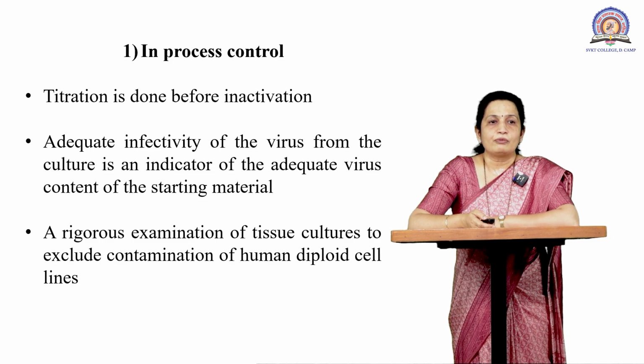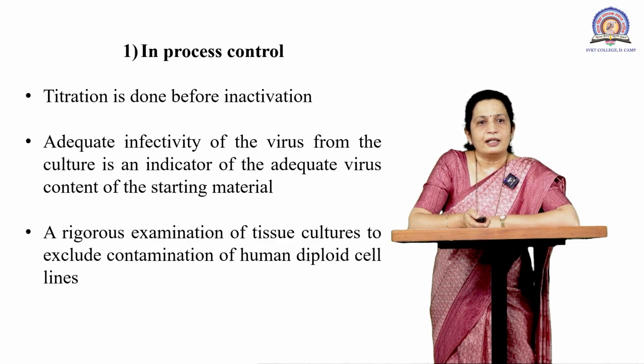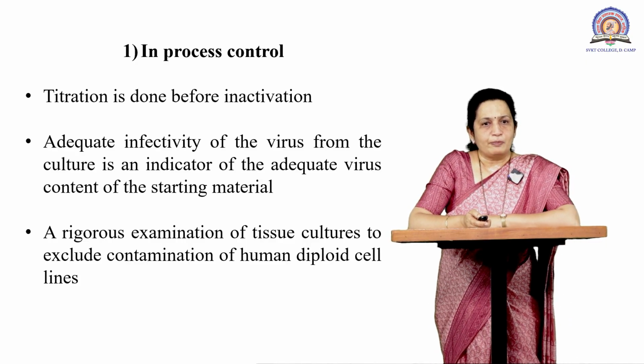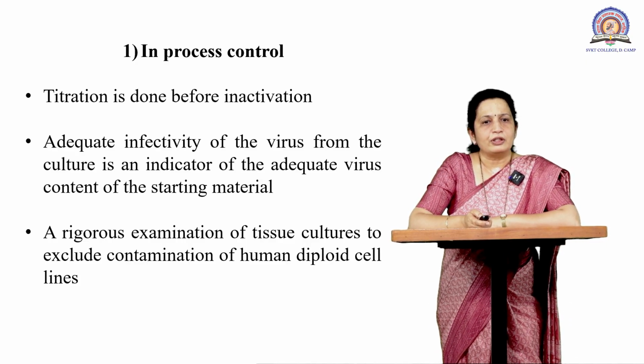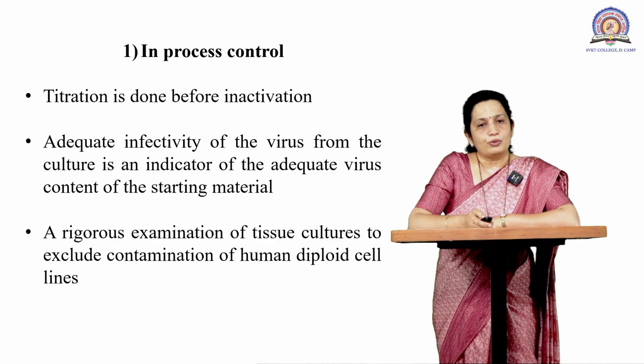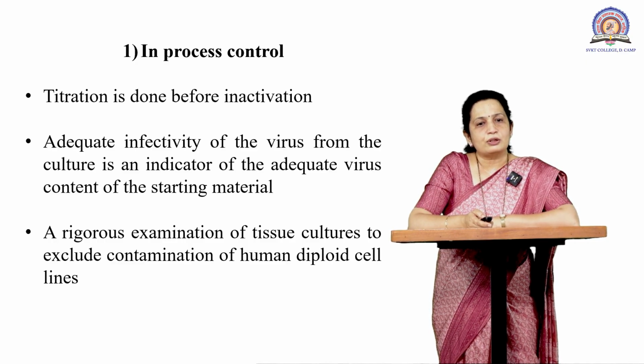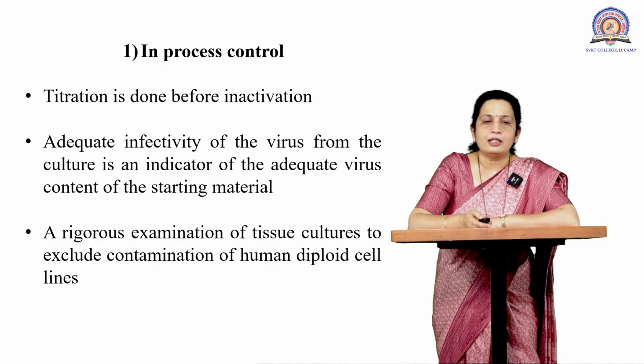Then we check whether the virus is having infectivity in the culture, which indicates that it is not inactivated properly if it is showing infectivity. So a rigorous examination of tissue culture we have to check, because in tissues or cells, there may be some contamination. So we have to remove this contamination from the human diploid cell which we are using for the cultivation of the virus.